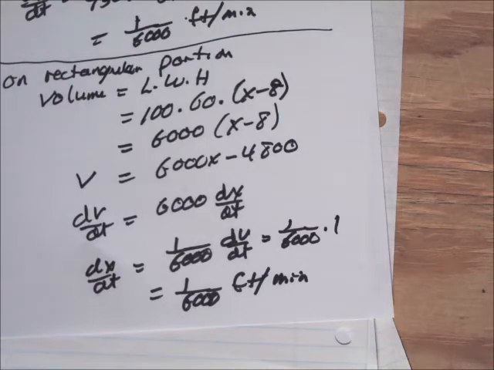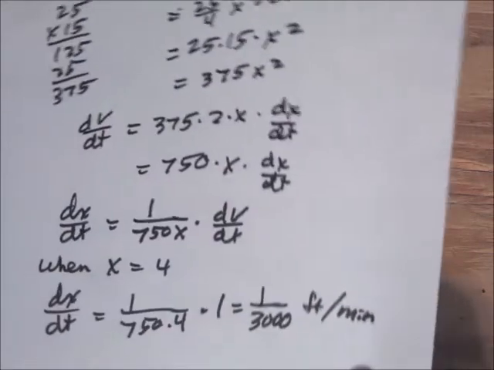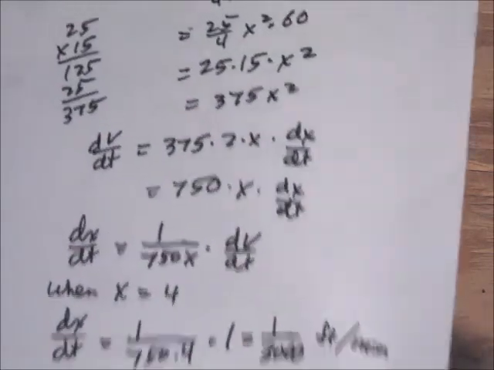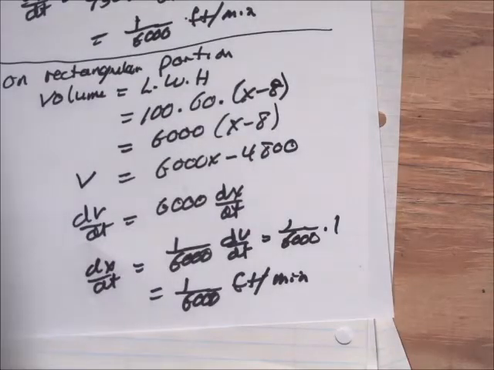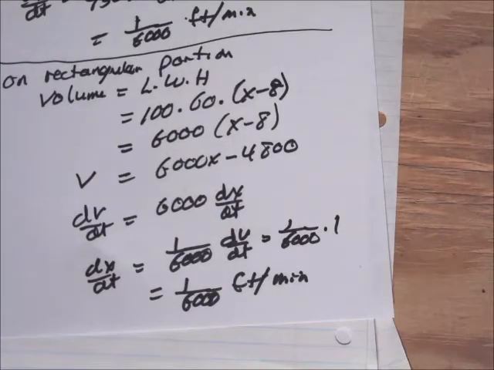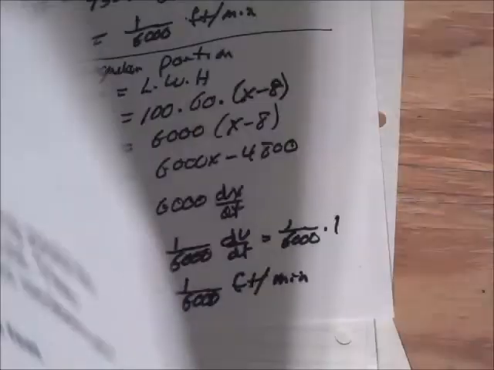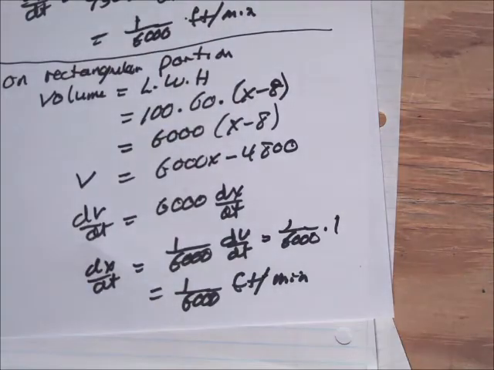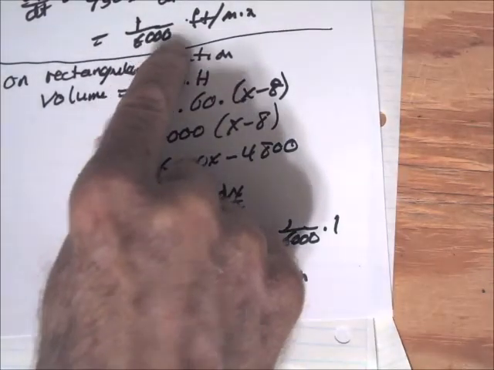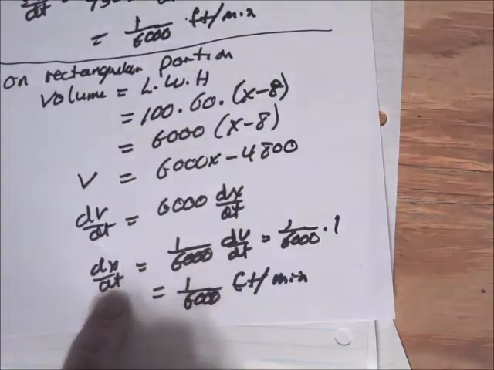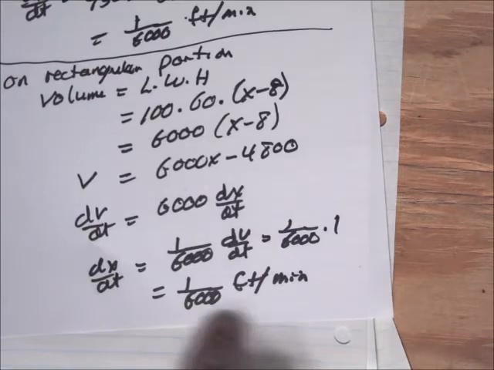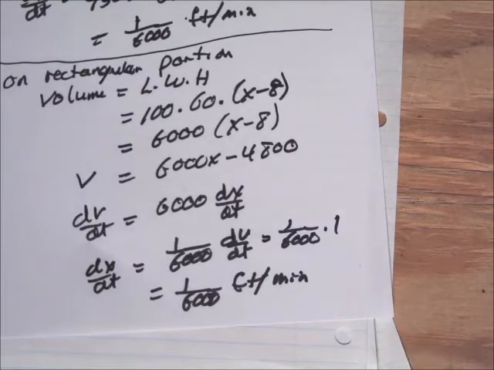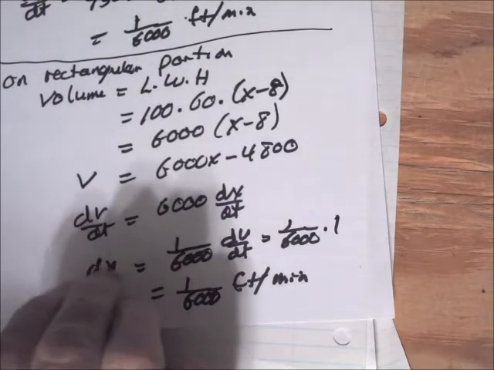At 4 feet deep, it's 1 over 3,000 feet per minute. Then at 6 feet deep, it's 1 over 4,500 feet per minute. And then at 8 feet, it gets down to 1 over 6,000 feet per minute, and then it stays at that. On the rectangular portion, it remains at 1 over 6,000 feet per minute.